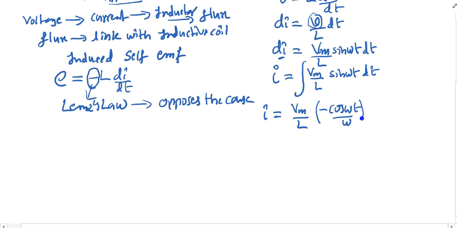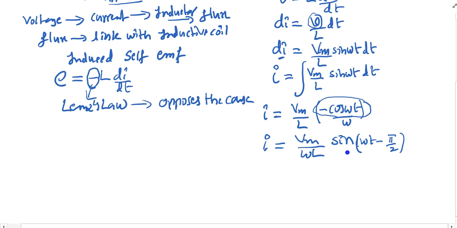Simplifying this, you can say that this is Vm by omega L. Instead of minus cos omega t, I can convert that into sin omega t minus pi by 2, using a trigonometric formula. So this is the current expression you are getting.